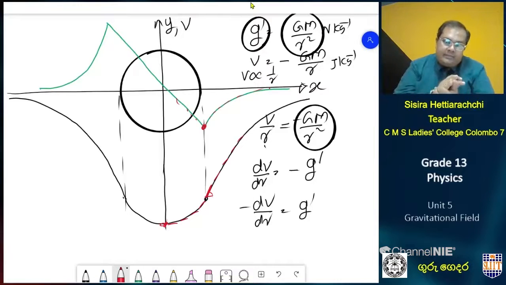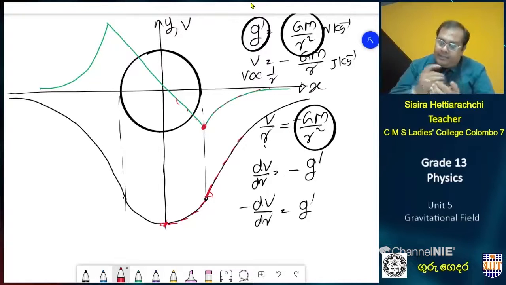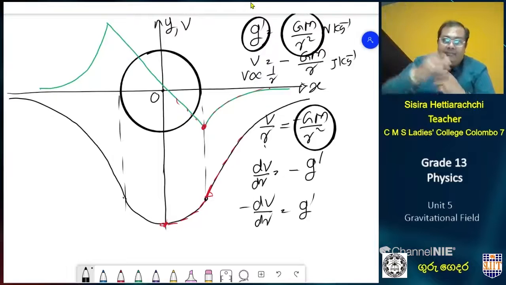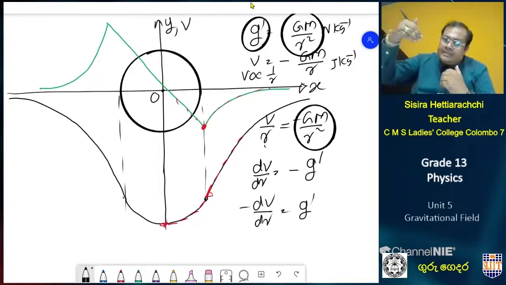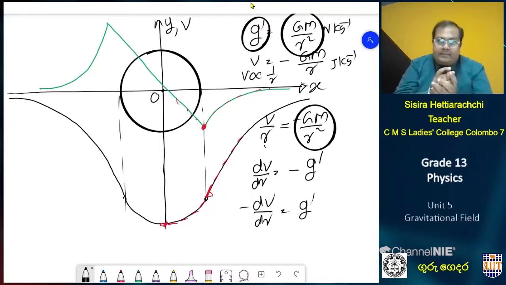Then here you can see at infinity, if you want to go to infinity, you can make that potential zero, right? Because zero is the maximum value that a potential can have. When an object is released from infinity, it comes towards earth and finally hits the earth.